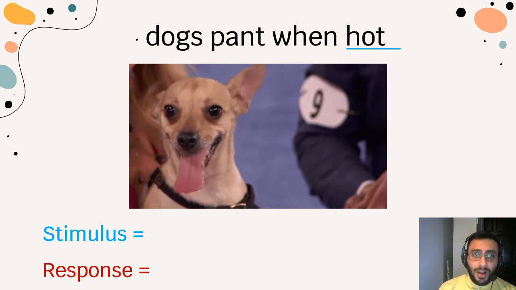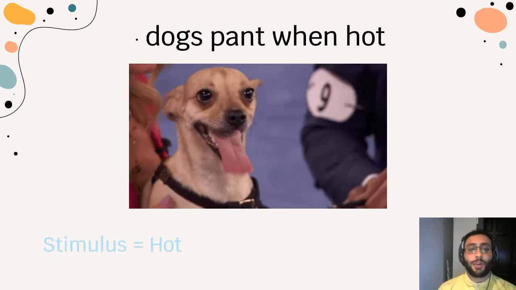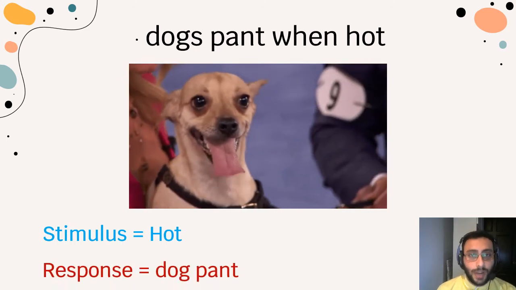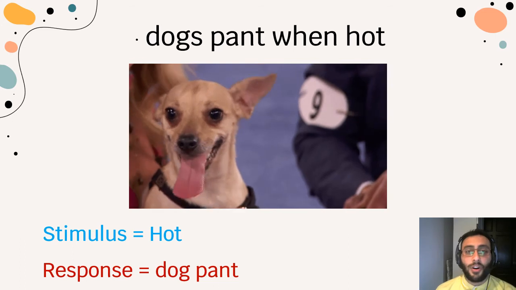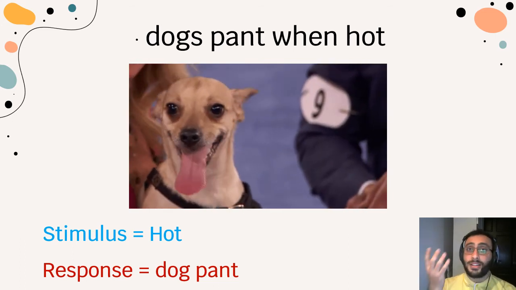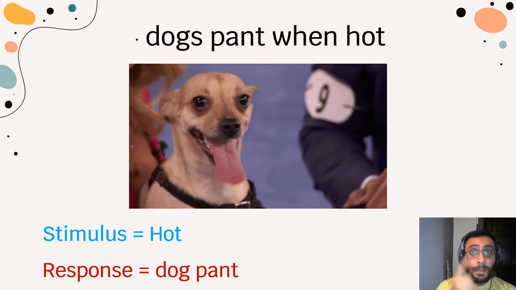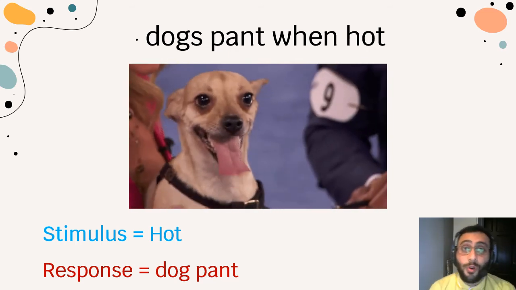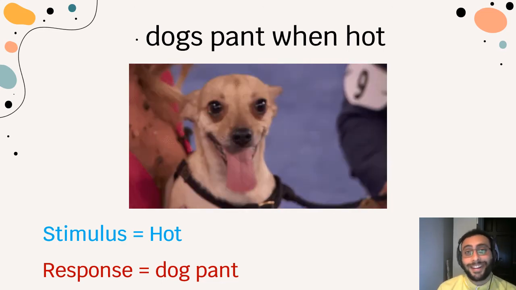And the response is dogs panting. Let's see if you're correct. Yes, we are correct. Good job. So when it's hot, the dog pants. Hot is the stimulus. That is the response. Do you do this too? No, you sweat. You're not a dog. You don't pant like this.